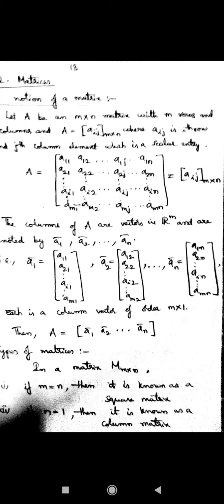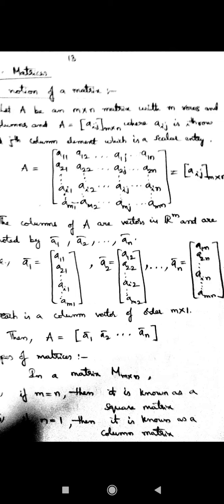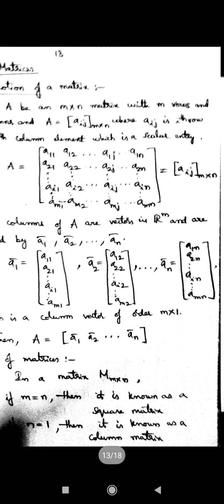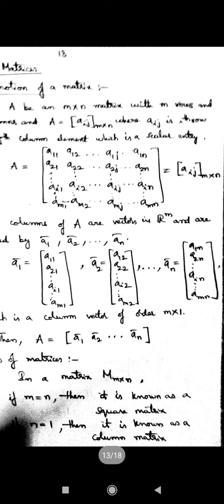So the first column of the matrix A is denoted as the column vector A1 bar, the second column is denoted by the column vector A2 bar, and the last column of the matrix A is denoted as An bar, which is equal to the column A1n, A2n, so on, Amn.